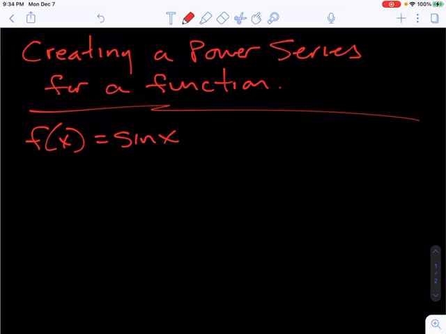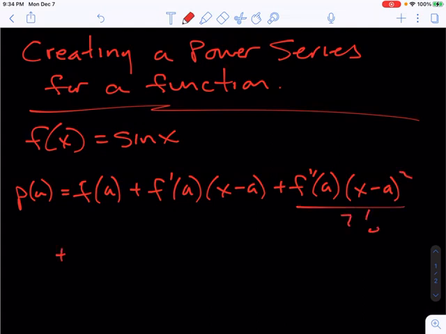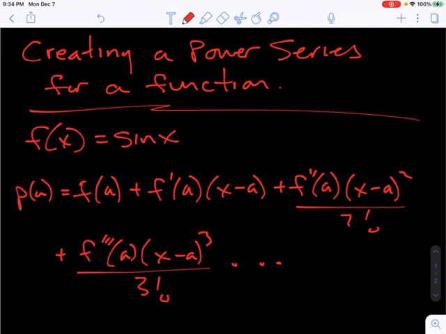So a Taylor polynomial is of the form, and P is for polynomial, f of a plus f prime of a times x minus a plus f double prime of a times x minus a squared over 2 factorial plus f triple prime of a, that would be the third derivative, x minus a to the third power over 3 factorial, on and on and on.